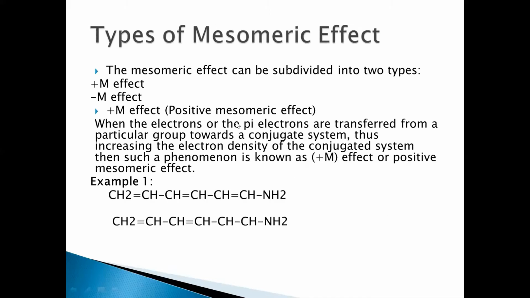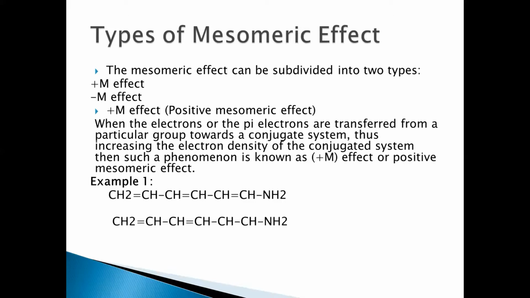So let us move to types. As inductive effect was of two types, plus I effect and minus I effect, if you recall, the inductive effect produced by an electron withdrawing group was minus I effect, and the inductive effect caused by an electron releasing group is called plus I effect.